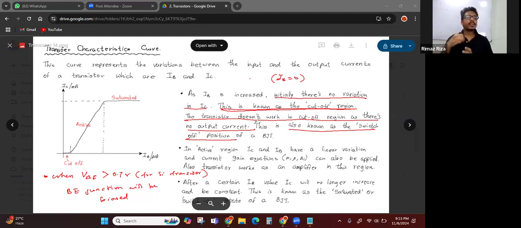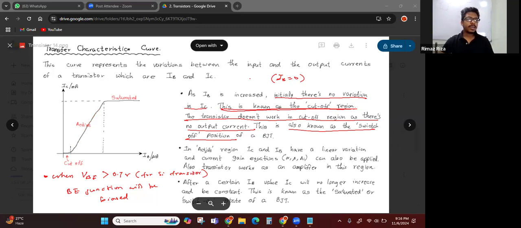And for the next point, you can start: when VB is greater than 0.7, the BE junction will be biased and therefore IC current, or output current, will be there. This IC output current increases linearly with IB.